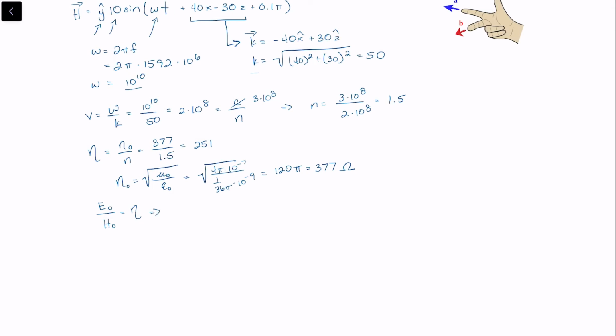This simplifies out to, because we're looking for the electric field, E naught equals eta H naught, which is values that we have, that's 251 times, now we do have H naught.